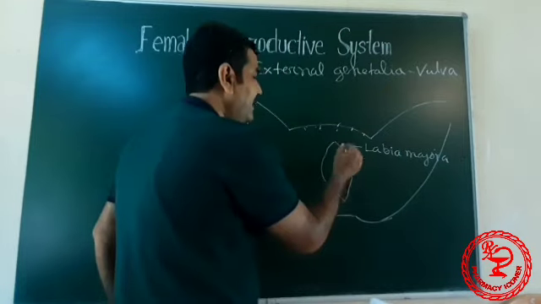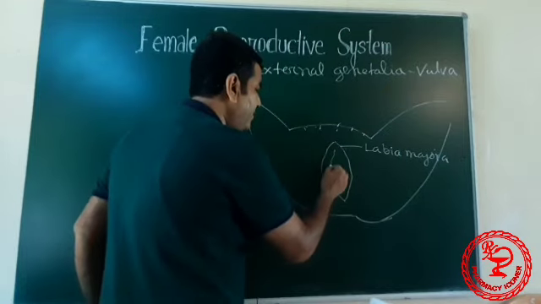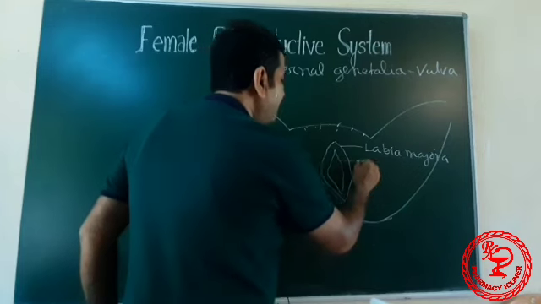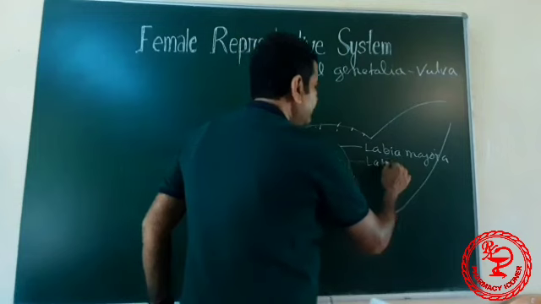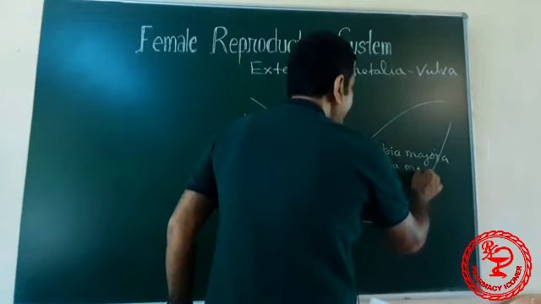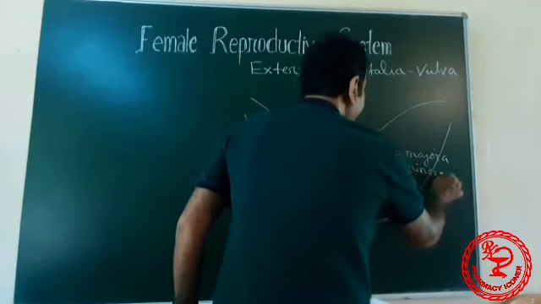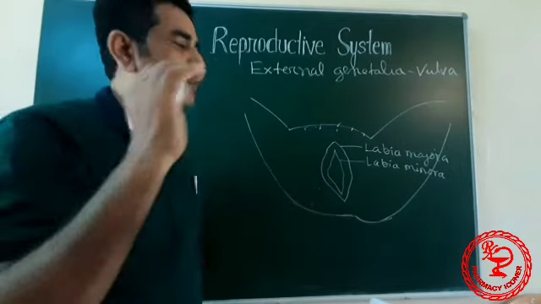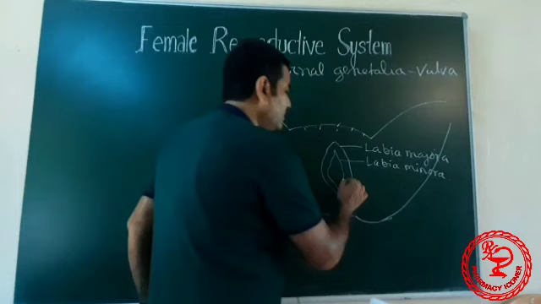Inside the labia majora there is another folded piece of skin, that is called labia minora. Inside the labia minora there is a small cleft called vestibule.